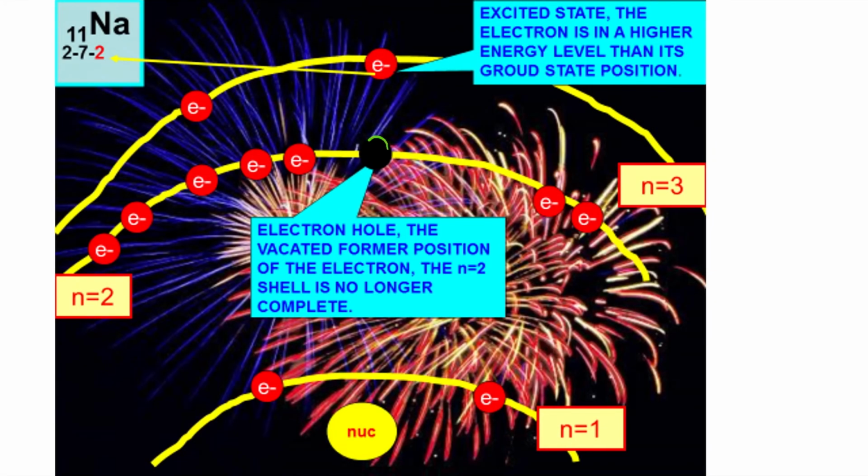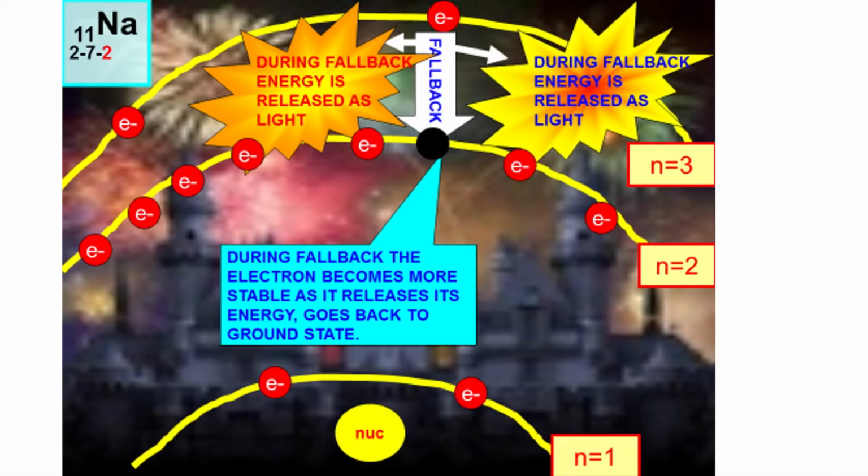Now, that electron is at a higher level, in its excited state, but it left behind its spot where it belonged. This electron does not stay excited forever. It has to fall back down and go into its original spot.